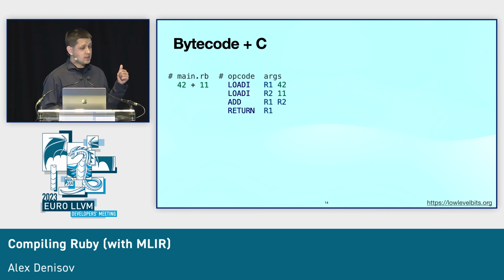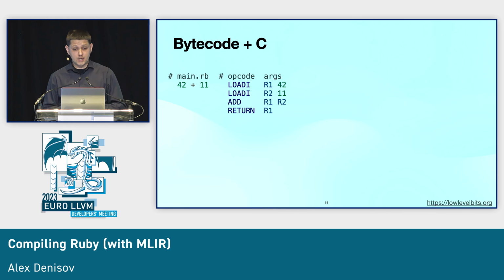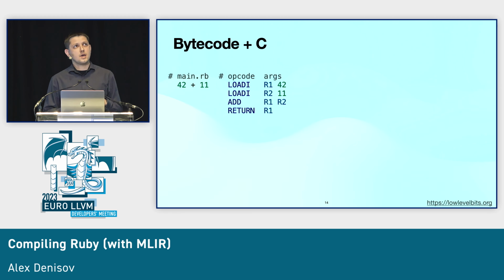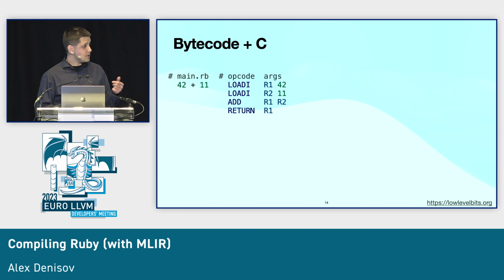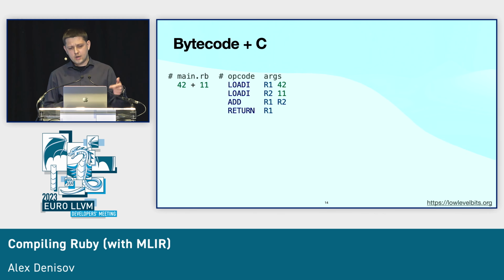In our case, it's mruby, which is so-called embedded Ruby, where you can take this Ruby runtime and embed it into your application. The difference is that mruby uses a register-based VM, where you can see in the example bytecode here that all the registers are marked explicitly, like R1, R2, and so on.